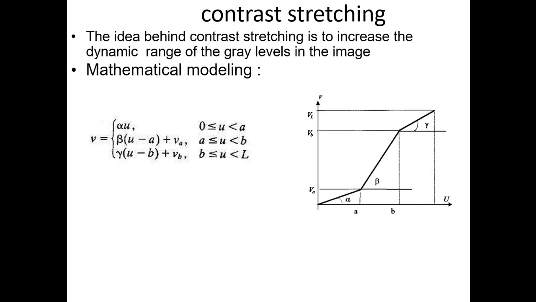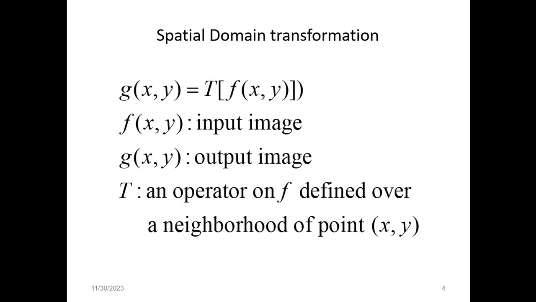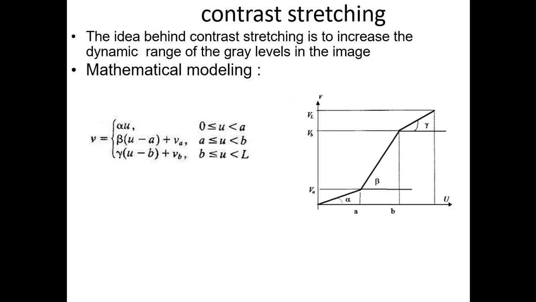So this is contrast stretching. The basic principle is to make the darker portion more dark and the brighter portion more bright. So contrast stretching is the transformation where we are increasing the dynamic range of gray values in the given image, and by making the darker portion more dark and the brighter portion more bright, we can enhance this dynamic range, or enhance the contrast of a given image.